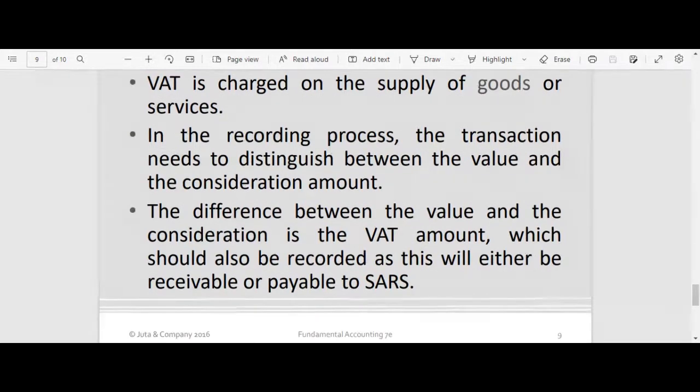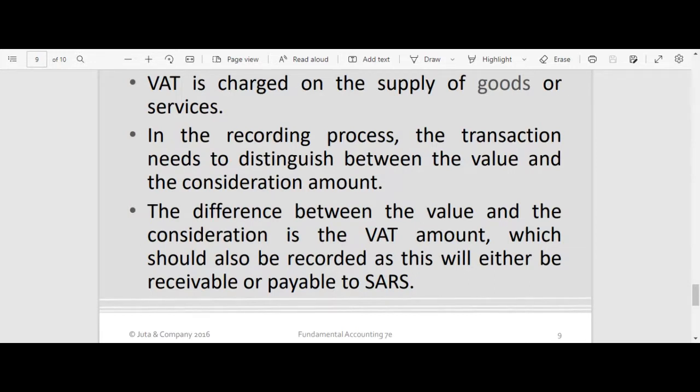Right. And then as we'll see next week when we do an example, if your input tax for that period is more than your output tax, it means that the revenue service must refund you an amount. If your output tax is more than the input tax, it means you must pay in.